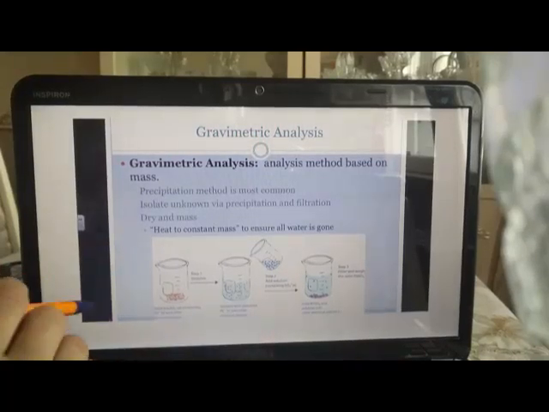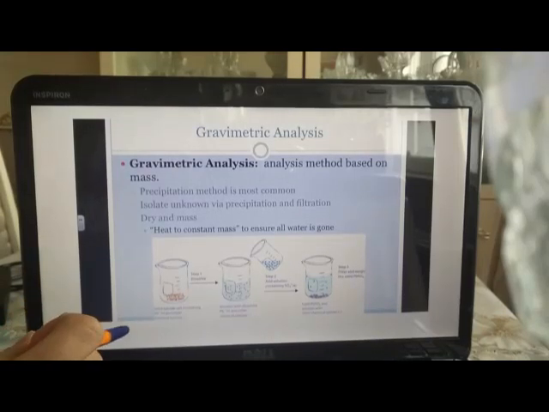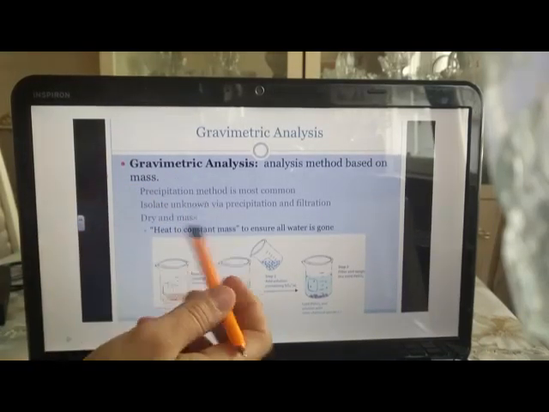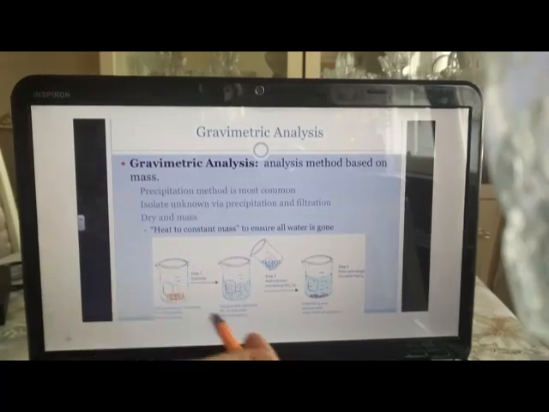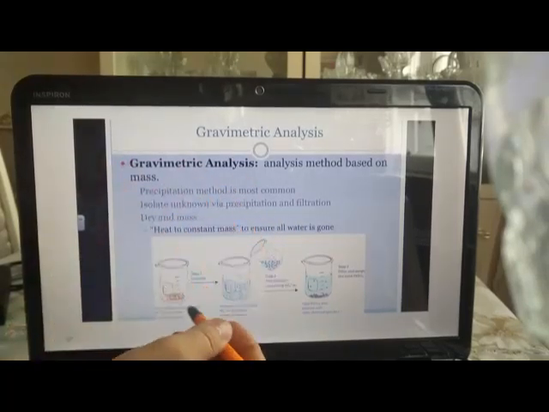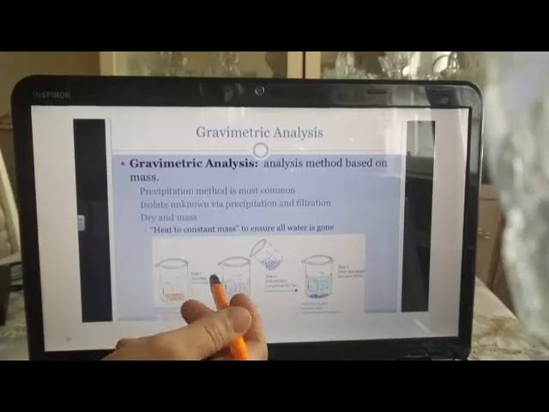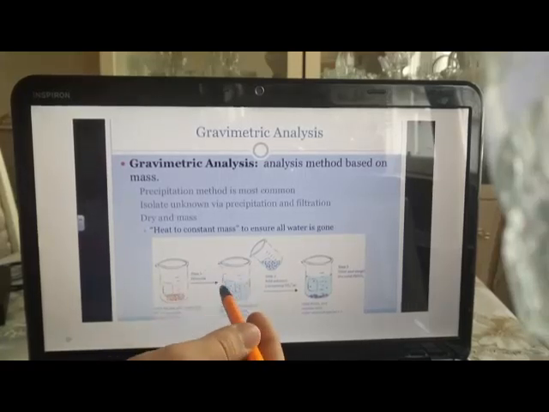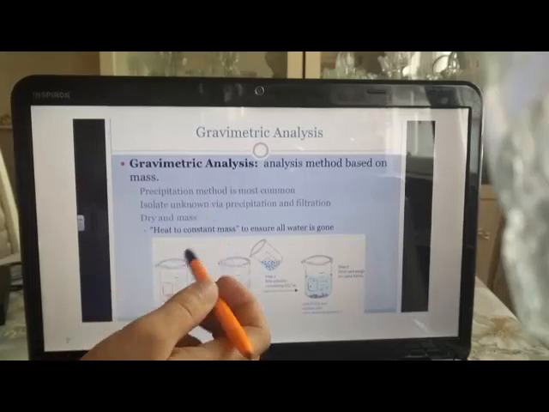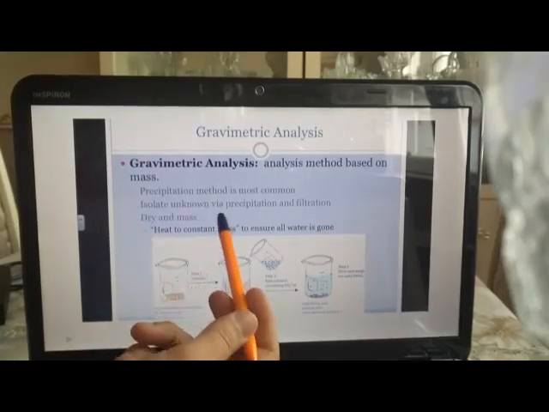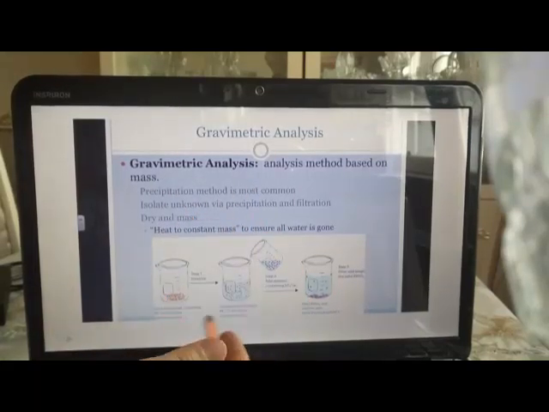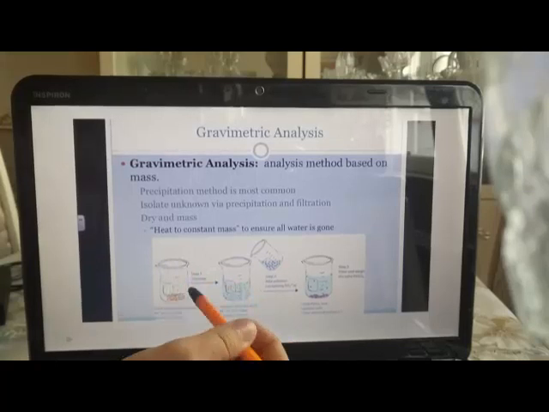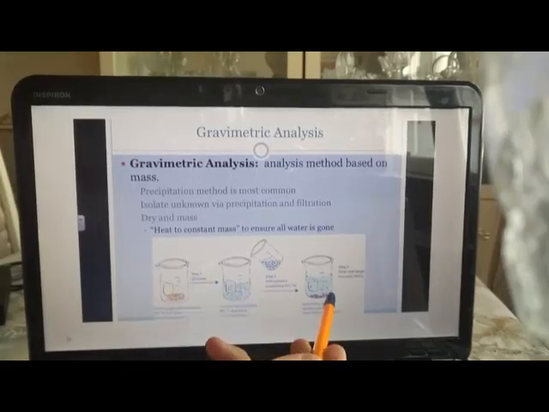Gravimetric analysis is one type of chemical analysis. As we said before, it is based on the measurement of the accurate weight of the analyzed sample. In gravimetric analysis, there are other methods which we use. For example, the precipitation method is most commonly used in gravimetric analysis, and we see from the picture there are different steps of the gravimetric analysis.